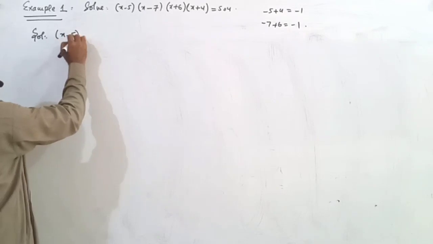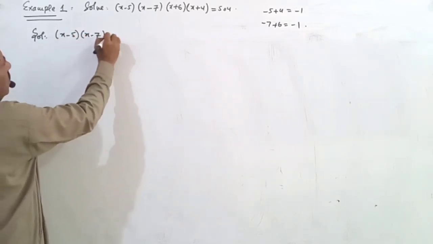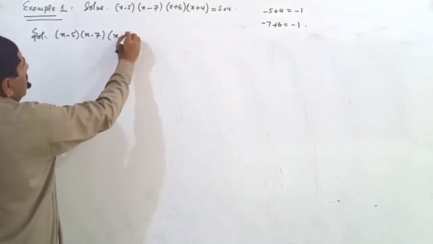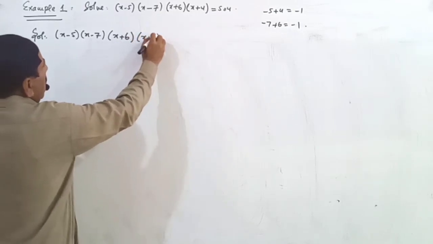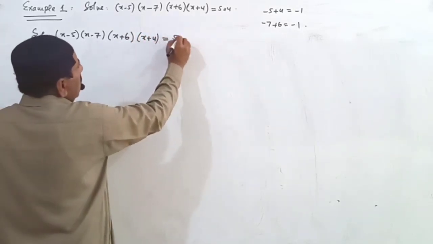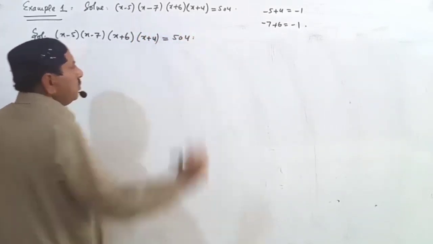(x minus 5)(x minus 7)(x plus 6)(x plus 4) is equal to 504.